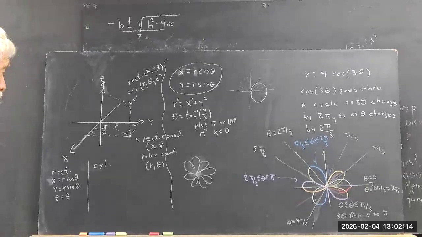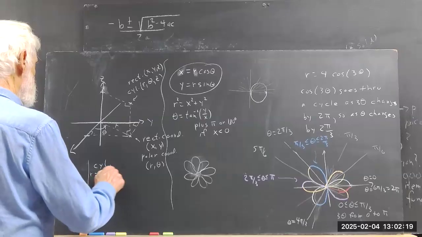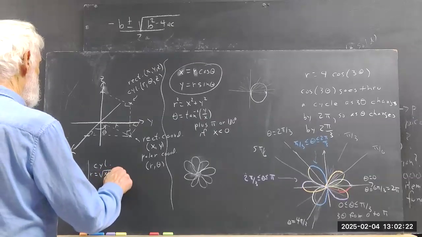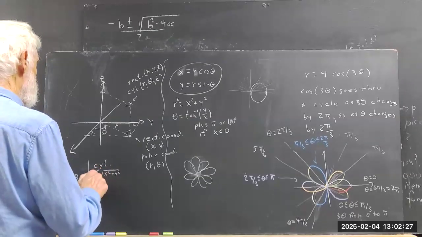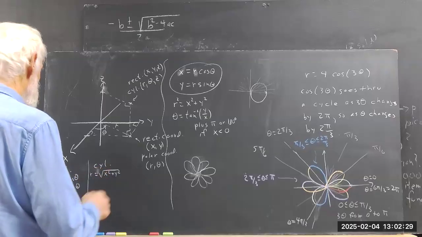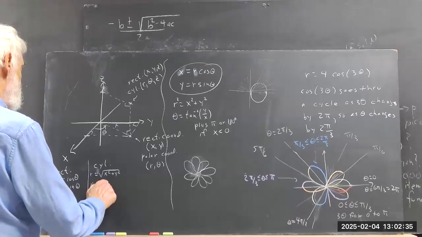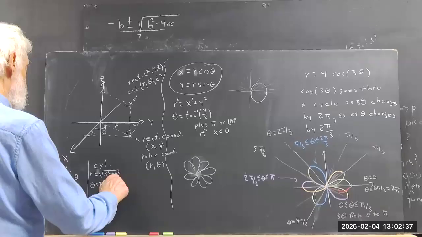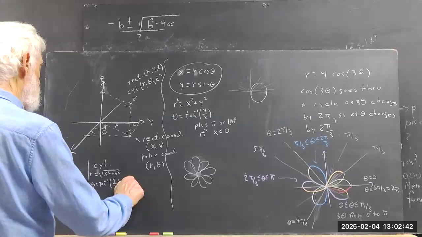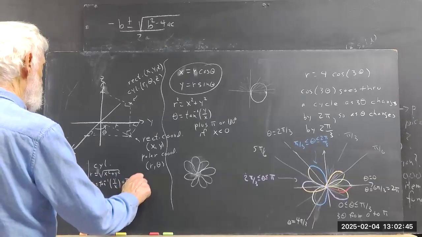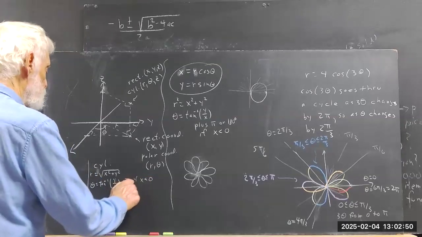And then, of course, in cylindrical coordinates, you have r, and that is going to put plus and minus there, but that makes no sense. Then you have theta is the inverse tangent of y over x, plus pi if x is less than 0.